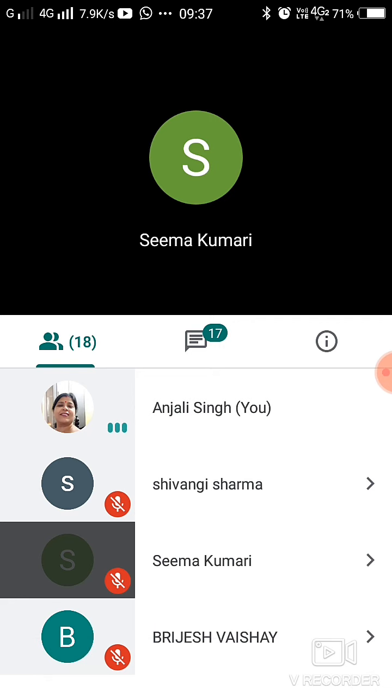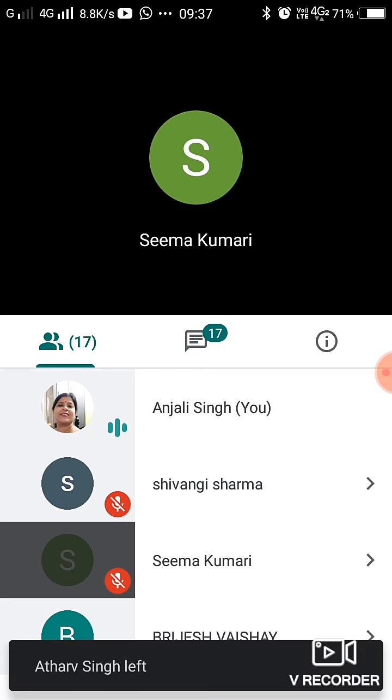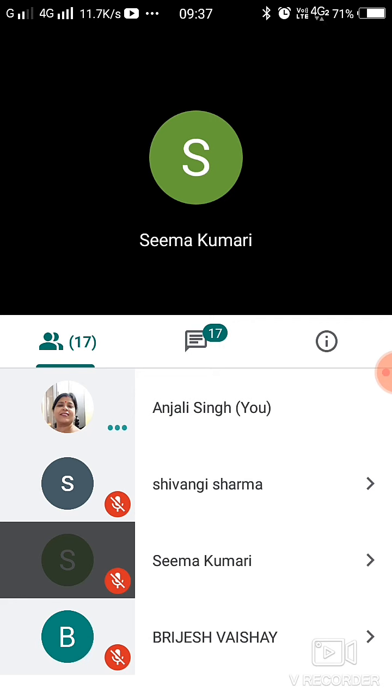Now hetero means dependent and troph means to take. Those who are dependent upon others for their food are called heterotrophs.